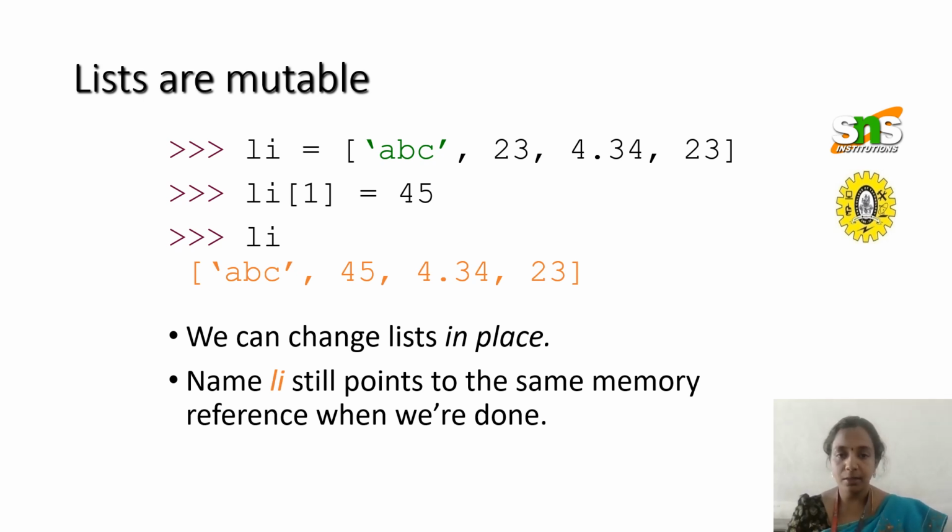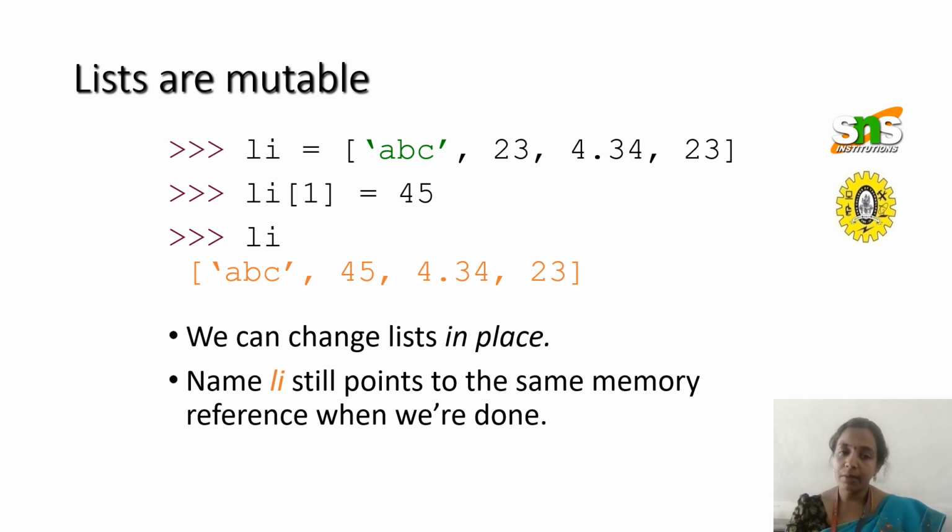So li is nothing but the list. We mention it with square brackets, and we have various types of data: strings, floats, normal numbers. In the second step, I have a line of code called li of 1, which means I would like to include data in position number 1.